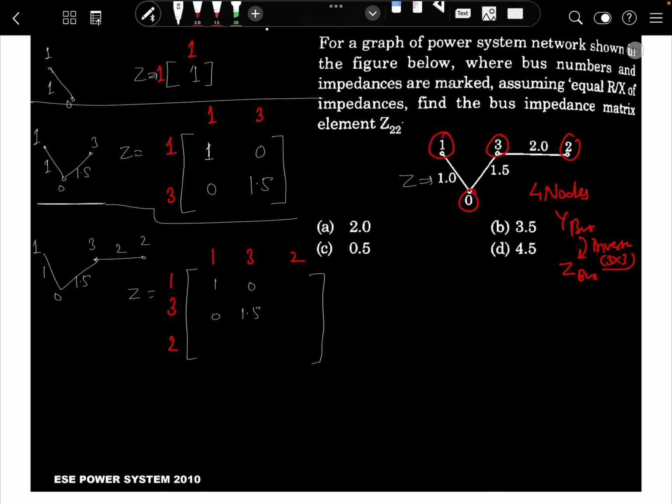Now check with bus 2. 2 and 1, there is no connection. Same 2 and 1, there is no connection. Now we go with 2 and 3. 2 and 3, there is 2. 3 2. 2 and 2, there are, we go till ground. This is very important here.